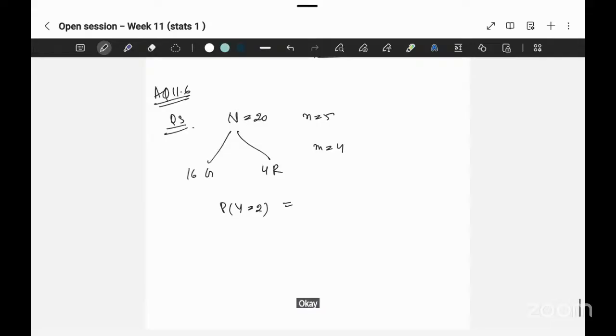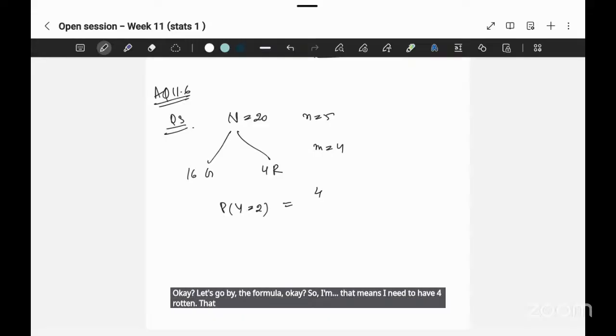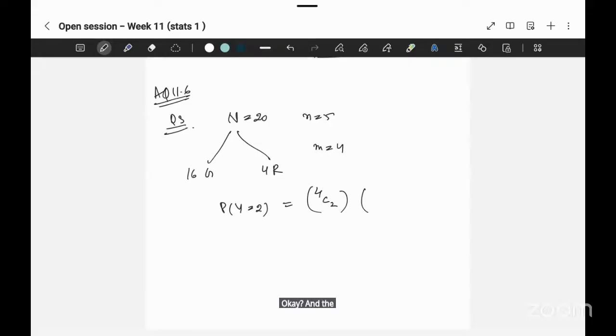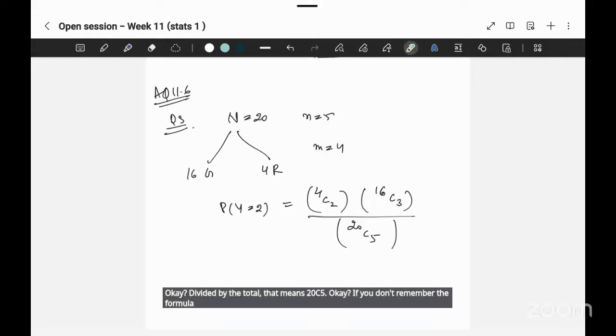Okay, let's go by the formula. I need to have 4 rotten, that means from the 4 rotten I will be choosing 2, and the rest of the fruits will be taken from the good type. Correct? Yes, ma'am. Okay, divided by the total, 20C5. If you don't remember the formula, you can just go through the topic.